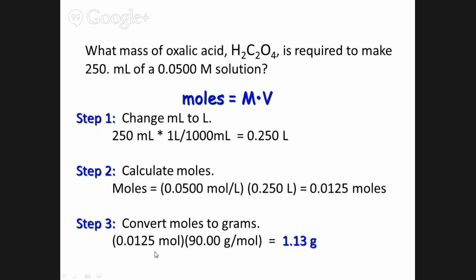Adding all of that up together gives us 90, and then times the moles that we got from our molarity formula gives us 1.13 grams. So it would take 1.13 grams of the oxalic acid in 250 milliliters to give us our 0.05 molar solution.